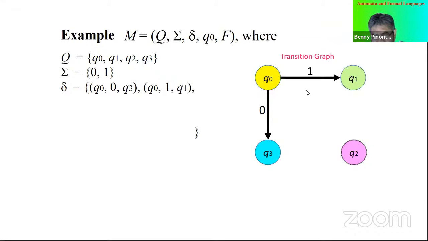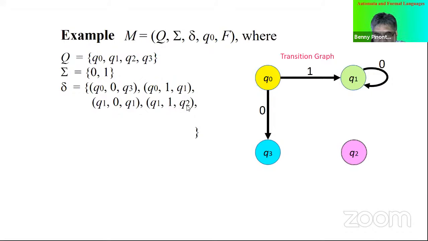Q1. In the graph, that is Q0 with 1 going to Q1. And Q1 with 0 stays in Q1, so in the graph it looks like this. Q1 with 0 is going back to Q1.